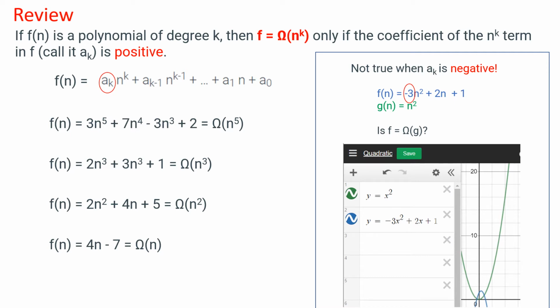But we see that that's never going to happen here because look at what f is. It's a parabola that's opening down, and so as n gets bigger, it's only going to get further and further away, and there's no way that any multiple of the green would ever be a lower bound. So it's just not true. We won't be able to say that a polynomial of degree k is omega of n to the k if that leading coefficient is negative.